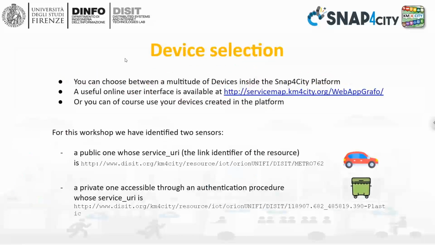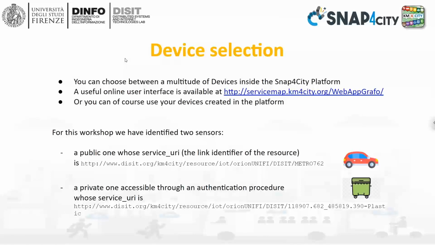But how can you select a device inside the Snap4City platform? Inside the Snap4City platform there are a lot of devices in which you can choose the one that you want to retrieve the data.